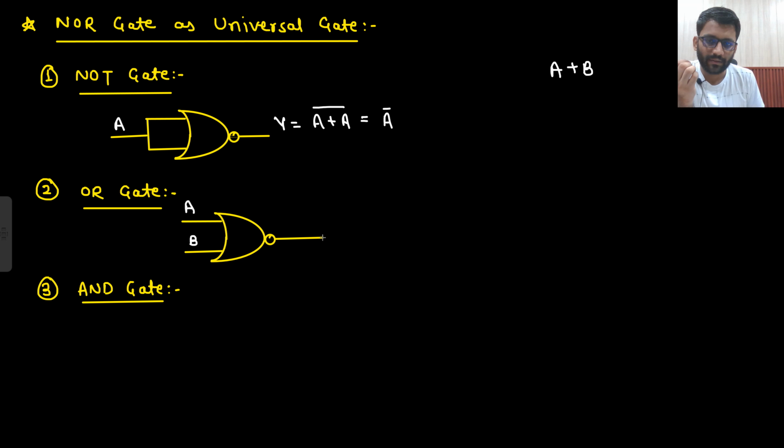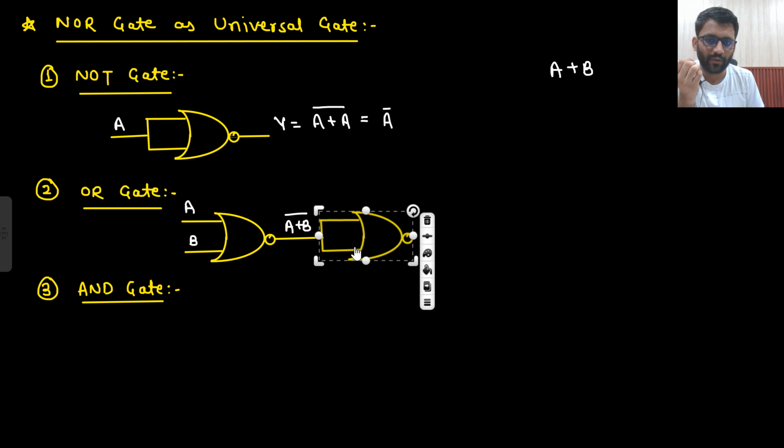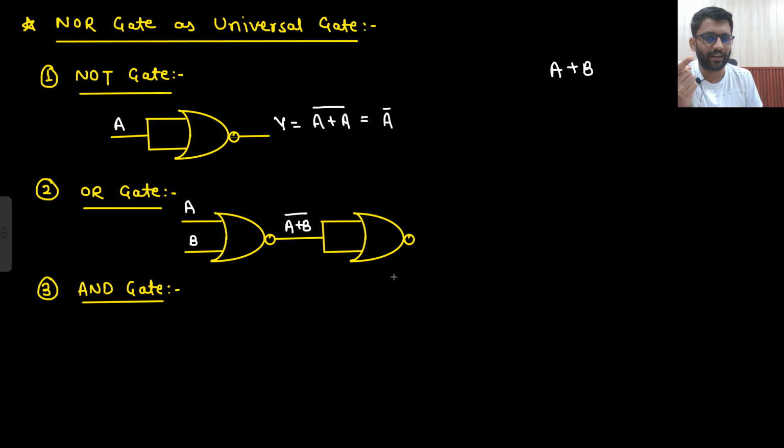First I will get A plus B bar. And then I will simply make an inverter. So how will I make an inverter? By using this structure. So A plus B bar goes here, A plus B bar goes here. Both are added and then there is one more bar. So it would be Y is equal to A plus B.